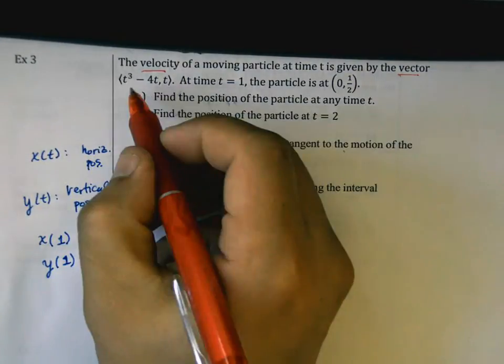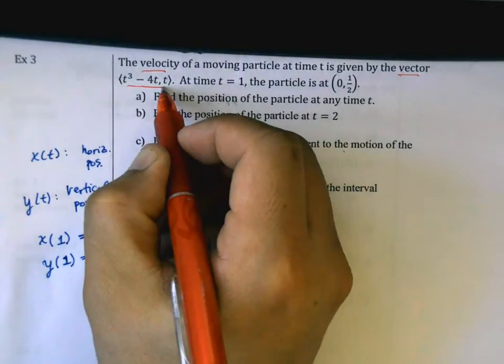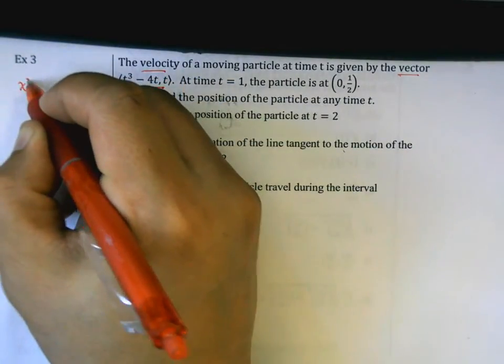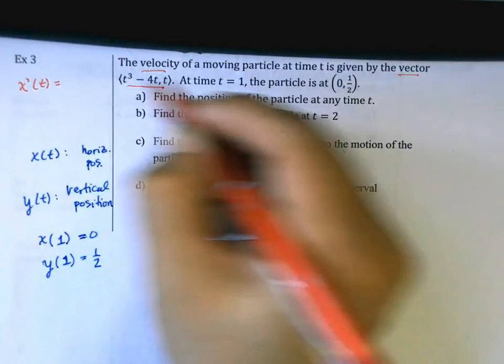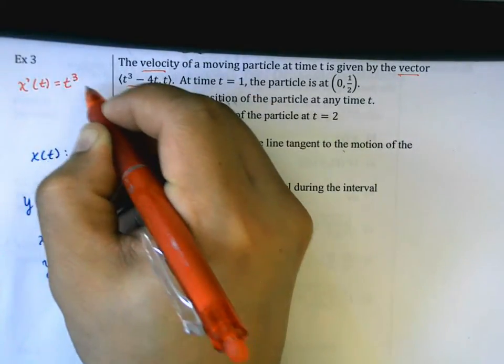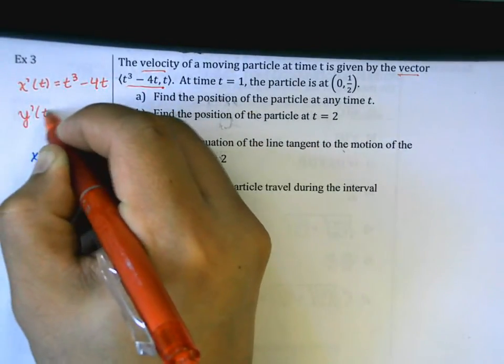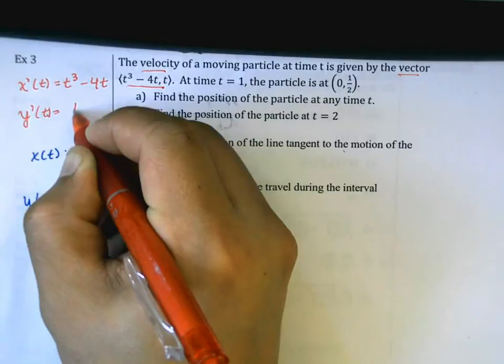We're given some additional information: the velocity vector. Now remember that velocity is the derivative of position, so that means that x prime is equal to t cubed minus 4t, and that y prime is equal to t.